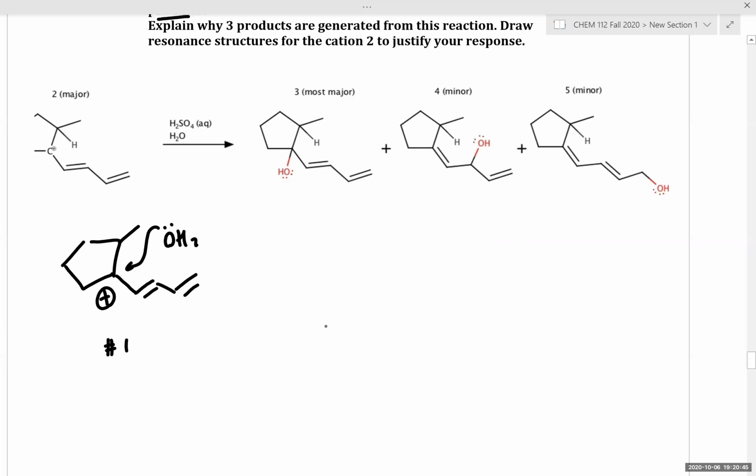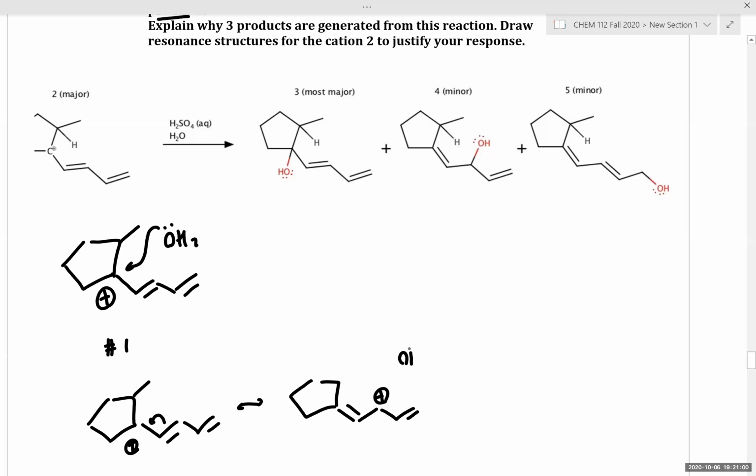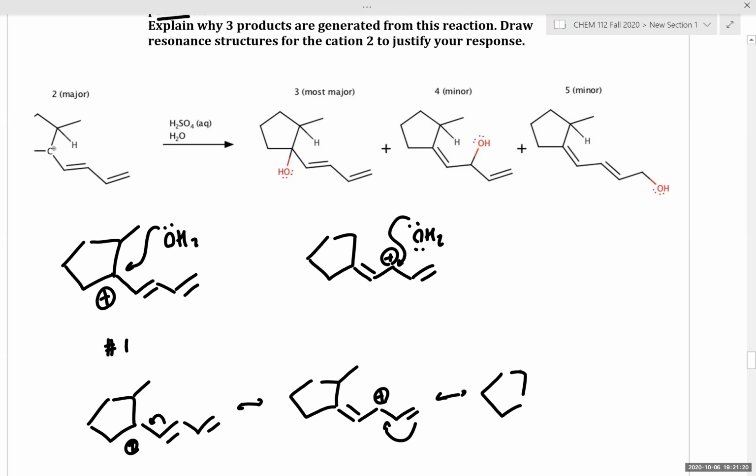We can just as easily take our structure and look at another major resonance contributor. And in this structure, water can just as easily attack at our second electron deficient carbon.